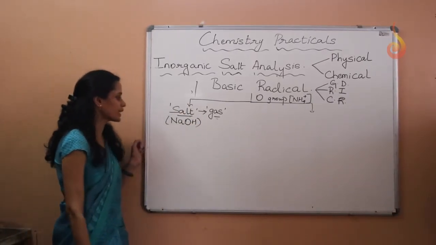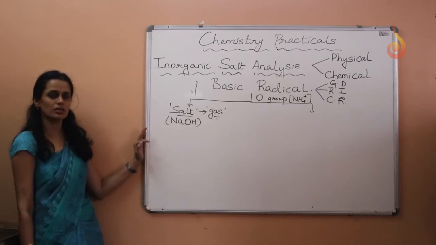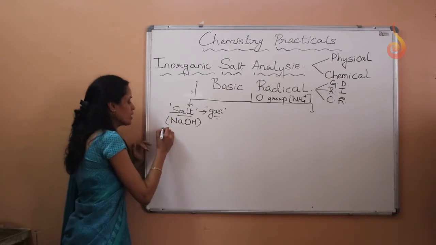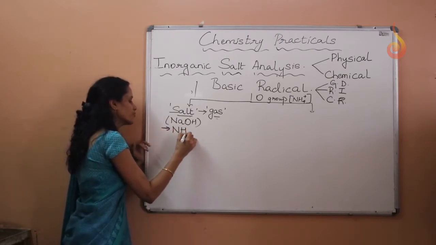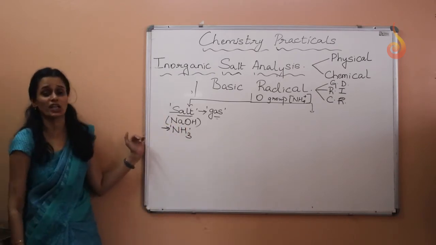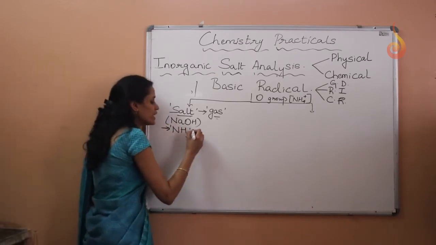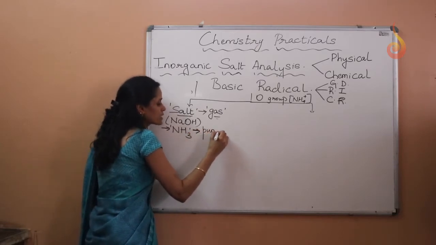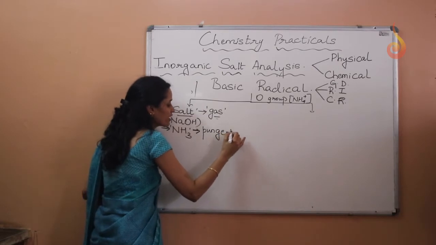Once we add sodium hydroxide solution to the salt, after boiling the solution, we observe ammonia gas. How do we observe the liberation of ammonia gas? Whenever we smell the reaction mixture, it always has a pungent smell.